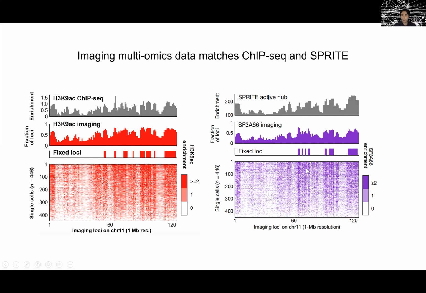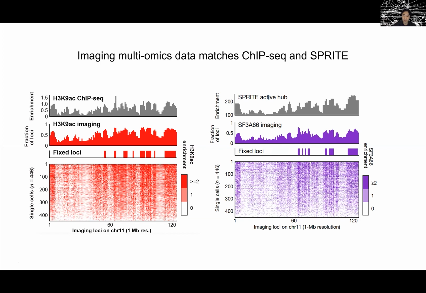And again, it's also very deterministic in single cells that these loci are always interacting strongly with the speckles, even in single cells. Some of these you can see are quite close to 1 in terms of the frequency of interaction. So almost all of the loci in single cells are interacting. And we call these fixed loci because they're kind of fixed.